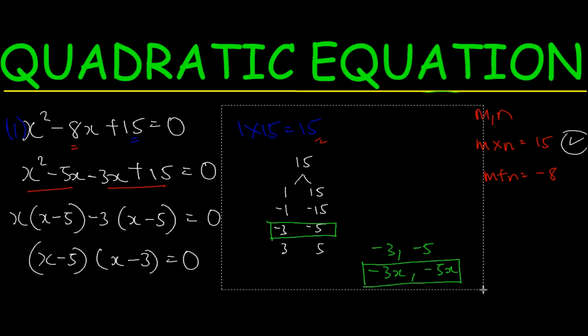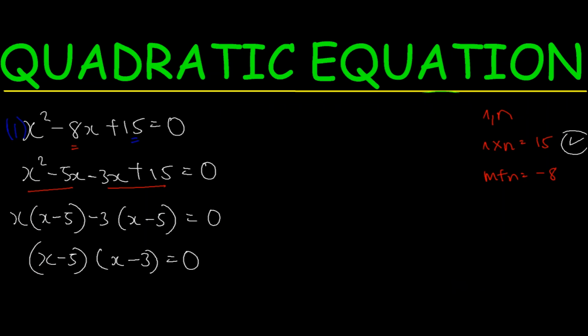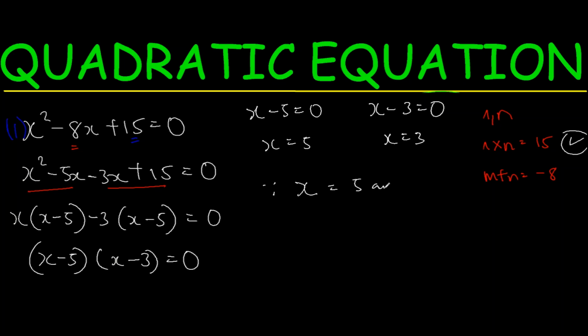Further simplifying, we have x minus 5 is equal to 0, and x minus 3 is equal to 0. Here will give us x is equal to 5, and here will give us x is equal to 3. So we can say, therefore, our x is equal to 5 and 3. These are our solutions for our quadratic equation.